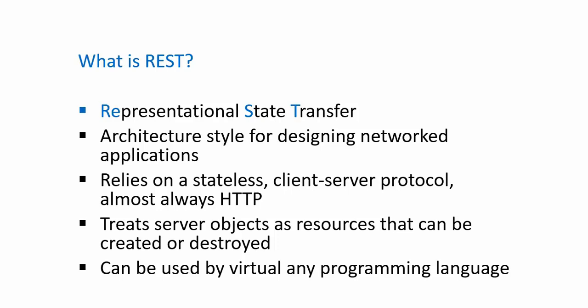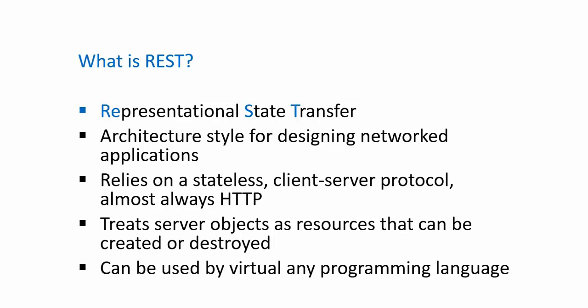It treats server objects as resources that can be created or destroyed and can be used by virtually any programming languages. So REST can be used by JavaScript, PHP, Python, C#, and other languages that are available today.